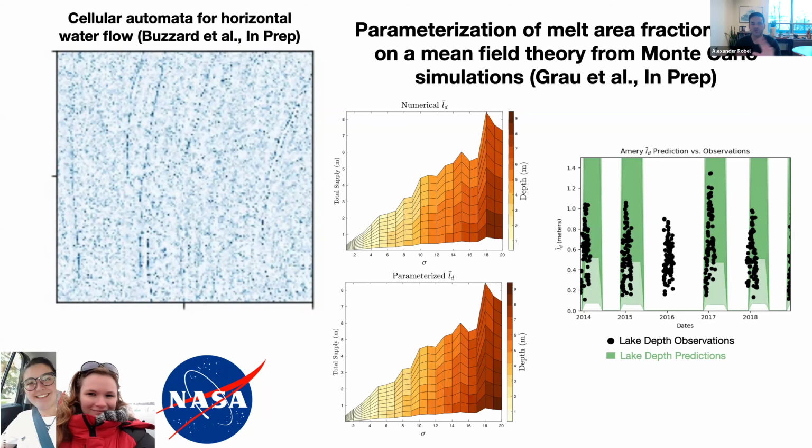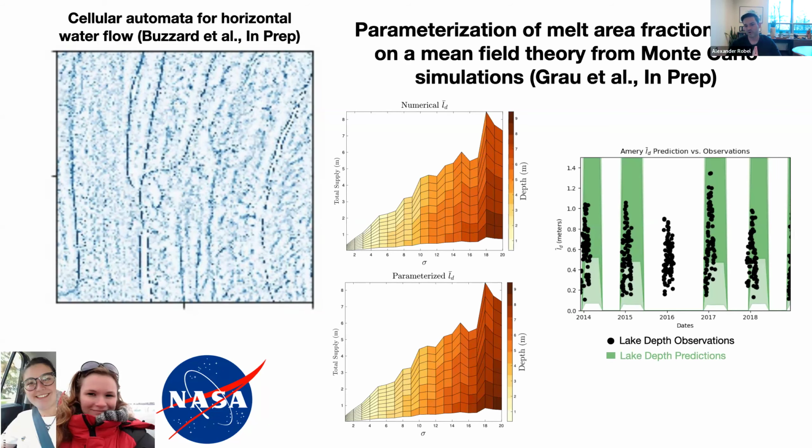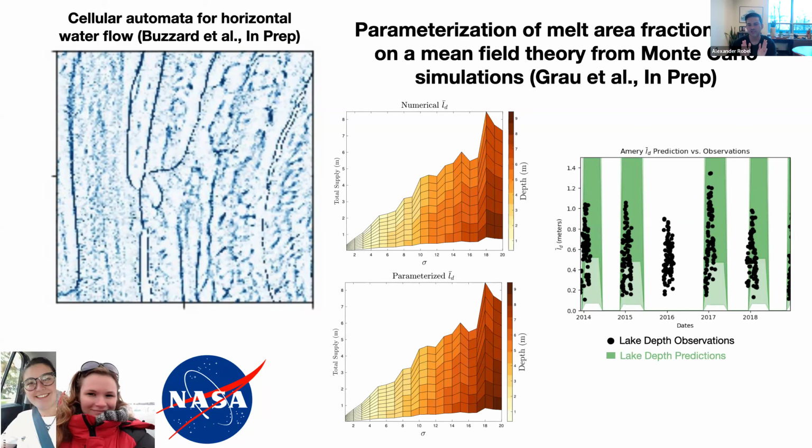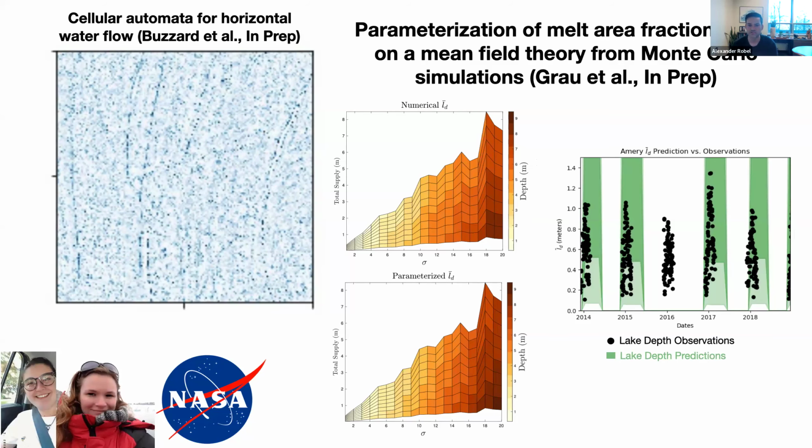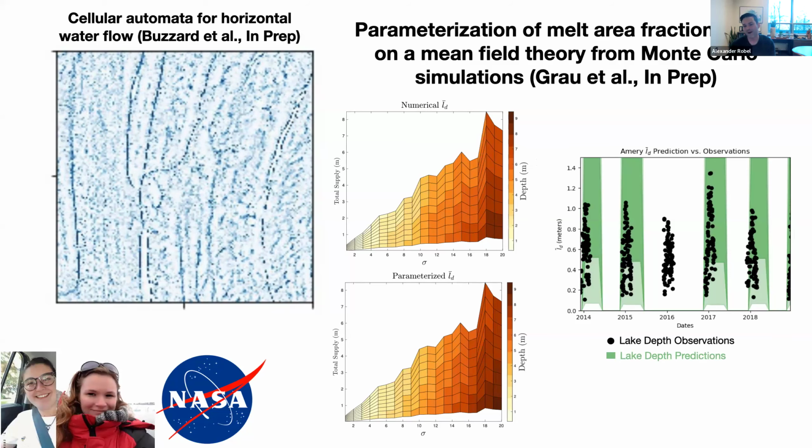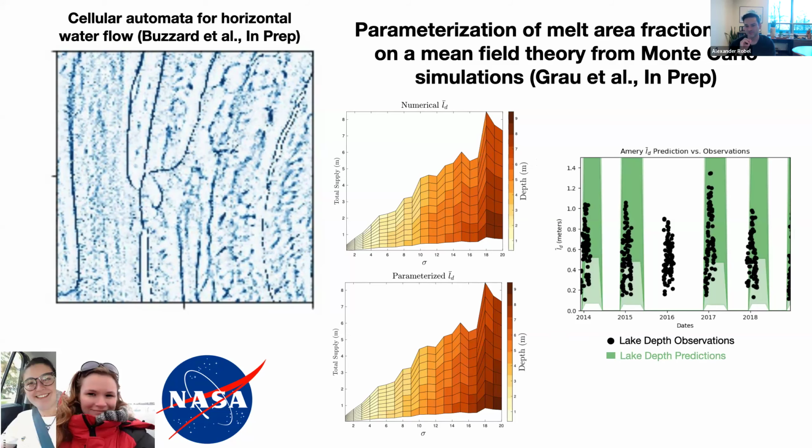There are a number of papers in physics about how percolation and clusters develop on random surfaces, but typically those mean field theories have not been extended to correlated surfaces, which Earth surfaces are. Ice shelf surfaces are correlated surfaces. And largely why they haven't been extended to long-range correlations is because you cannot write down a mean field theory by hand. So in the physics literature, they haven't gone that far.